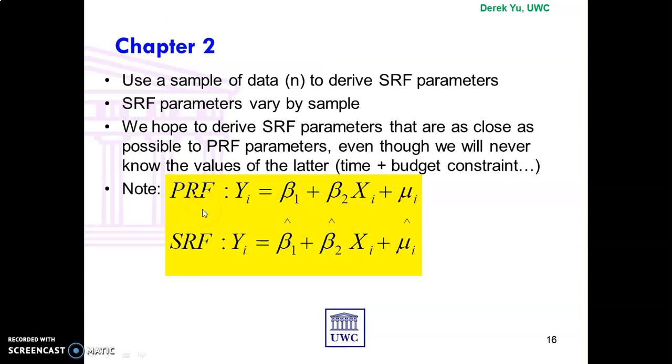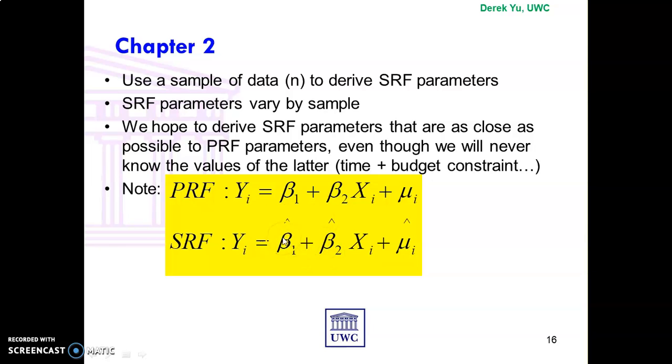Okay, now I want to move on to the sample regression function. I think I already mentioned the time and budget constraints. So in reality, we can only interview a sample of people. For the sample, we use small n, and then we derive the sample regression parameters, and for these parameters, we have to put the hat.